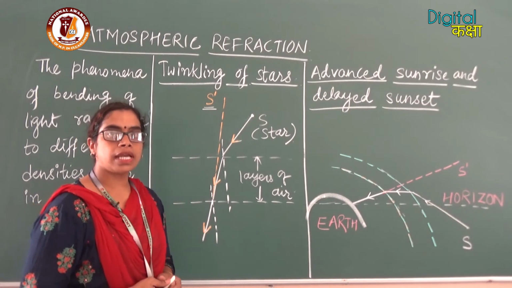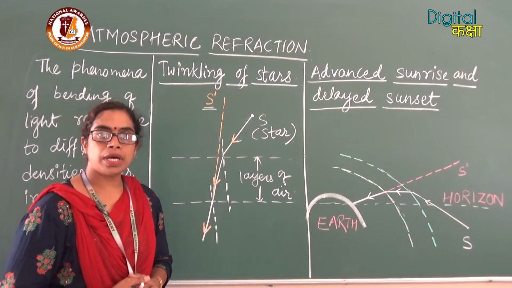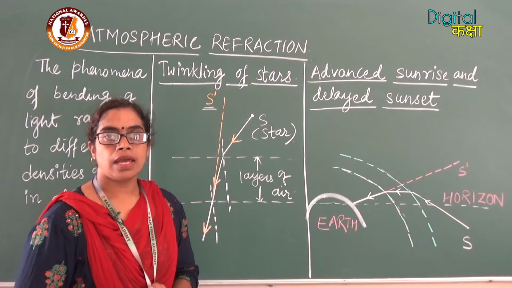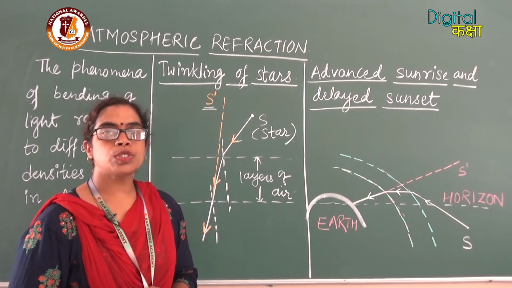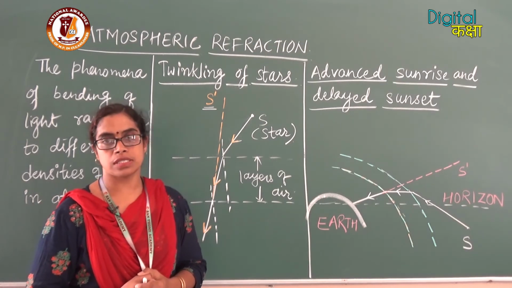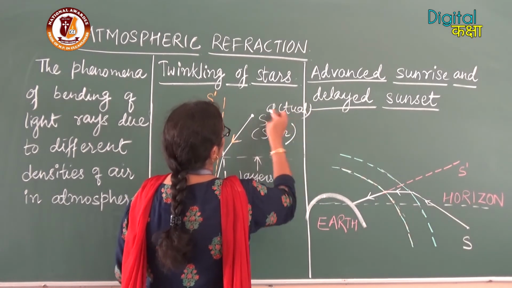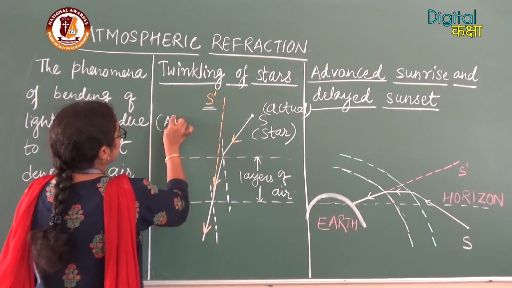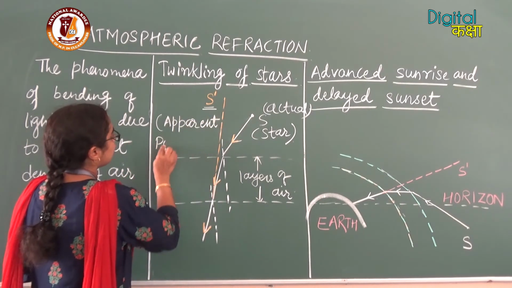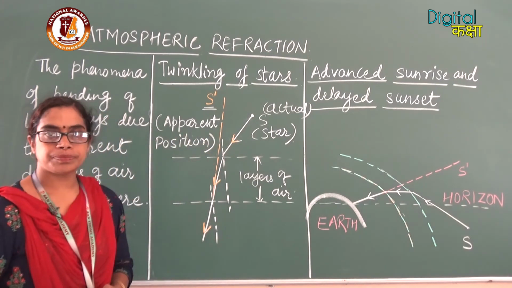So in this diagram, S is the actual position of the star, but the positions of the stars that we all see in the sky during night are not their actual positions. What is the name given to that position which is not actual? That position of the star, marked as S dash in the figure, is called the apparent position.